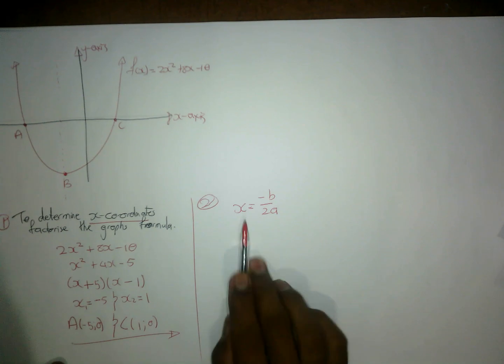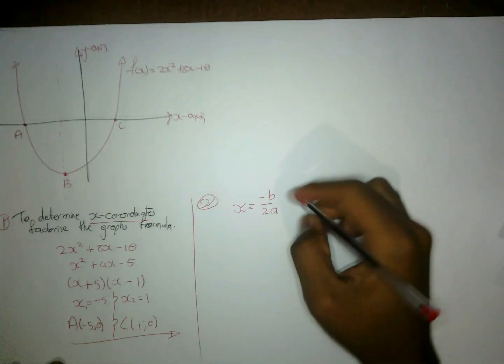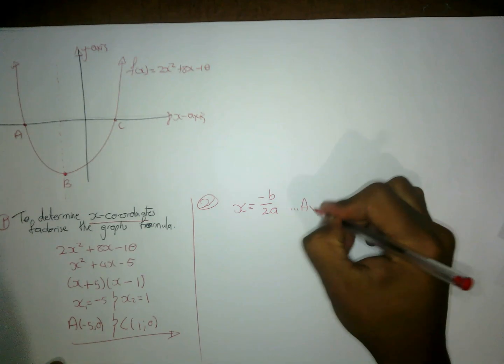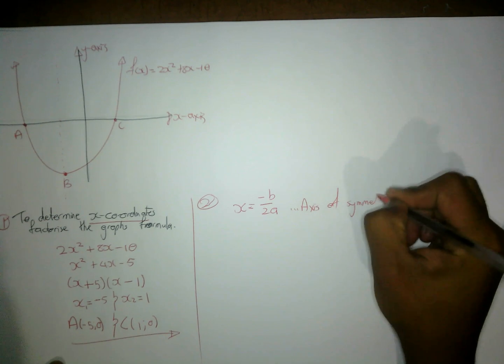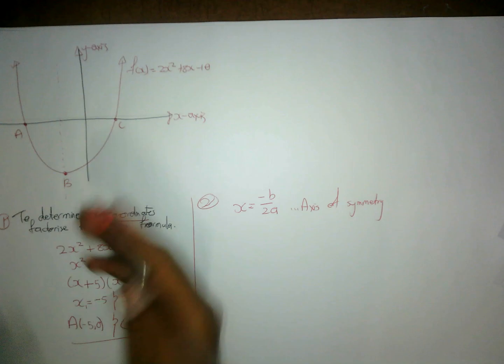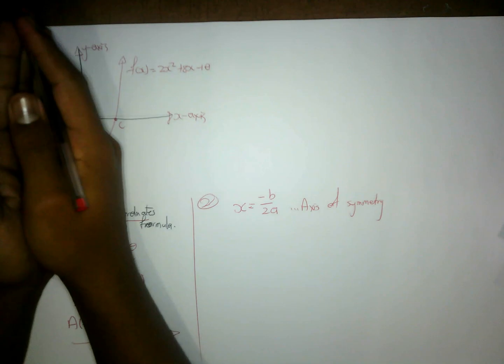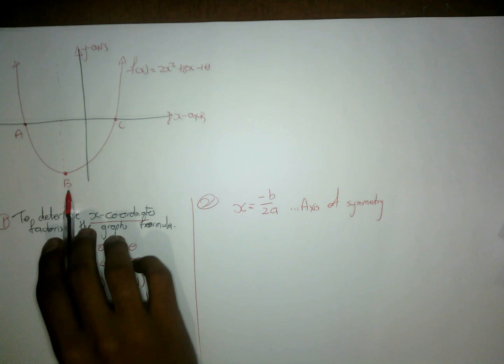This is the x coordinate of the axis of symmetry, the middle, basically the half of the graph. It's going to give you that x coordinate.